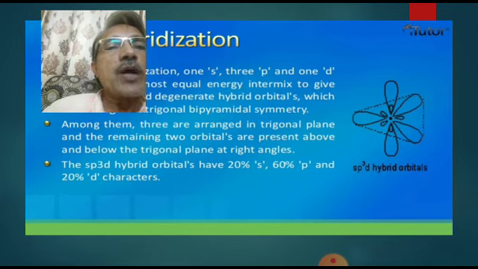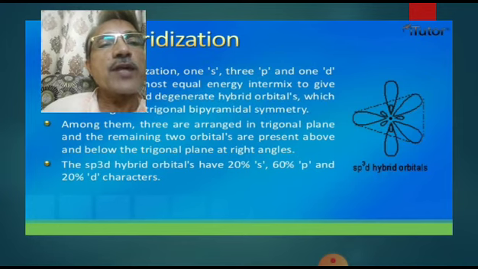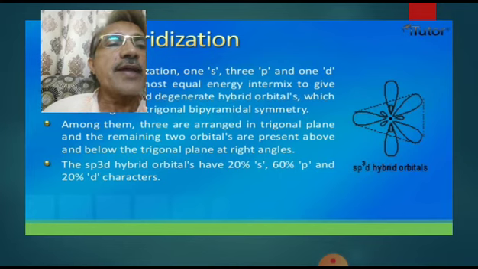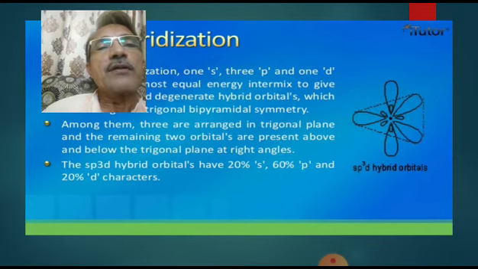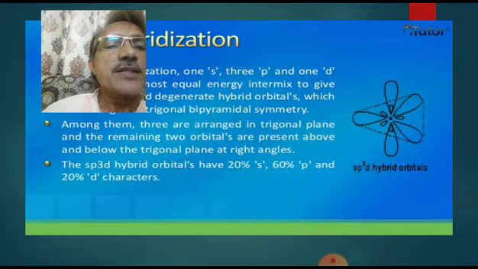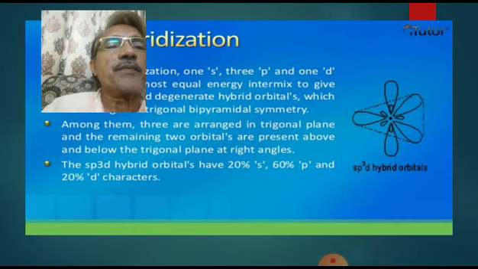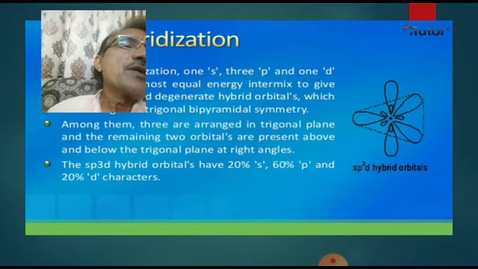The remaining 2 orbitals are present above and below the trigonal plane at right angles. The sp3d hybrid orbitals have 20% s, 60% p and 20% d characters. Look at the structure of sp3d hybrid orbitals.